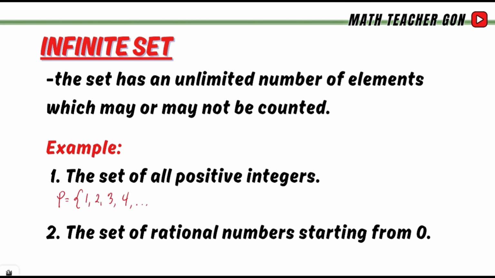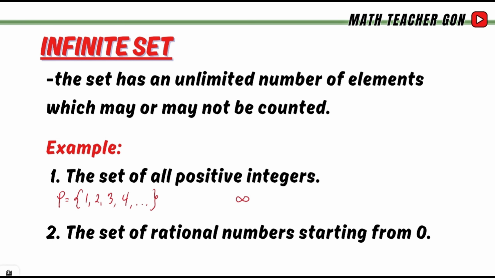This is called ellipsis, meaning continuous. And then enclose it with the curly braces. So for this case, we cannot determine the number of elements or the cardinality of this since this is unlimited. Okay, so we can say that this one is infinite. We use the symbol ∞ as infinity.